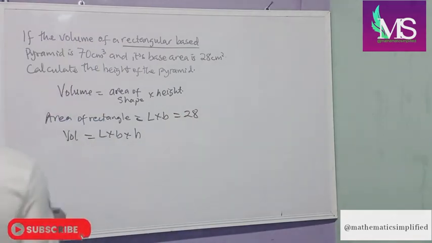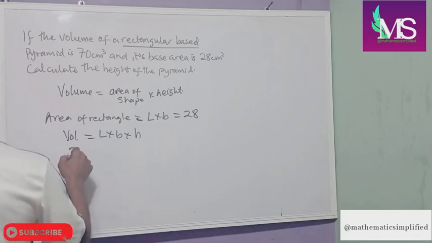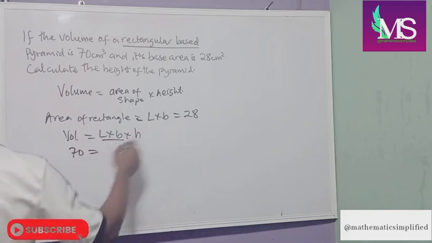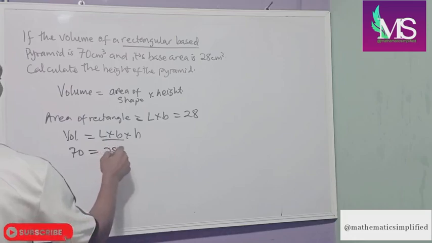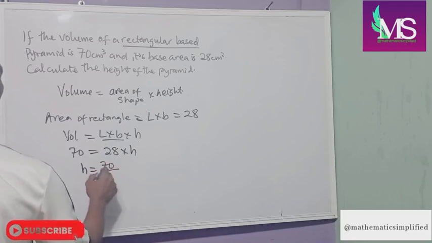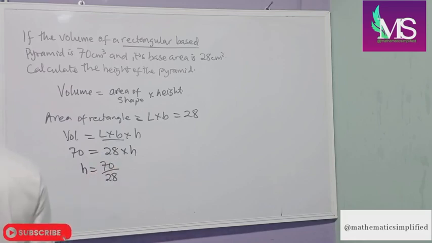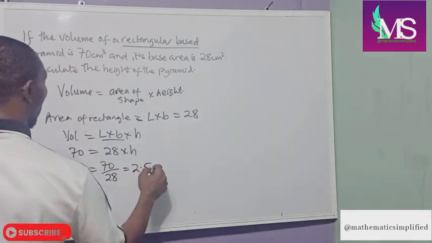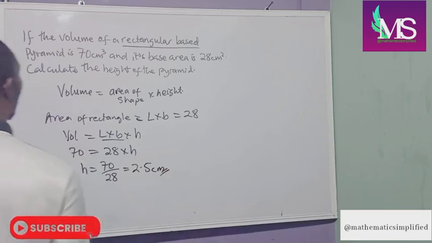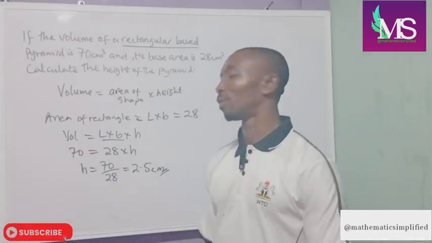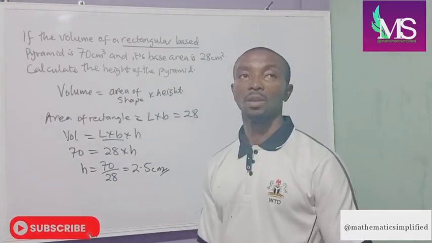So for our volume, it will become 70, which is the volume, equals length times breadth, which is 28, times our height. So our height will become 70 divided by 28, and 70 divided by 28 would give us 2.5 centimeters. That means the height of the pyramid is 2.5 centimeters.